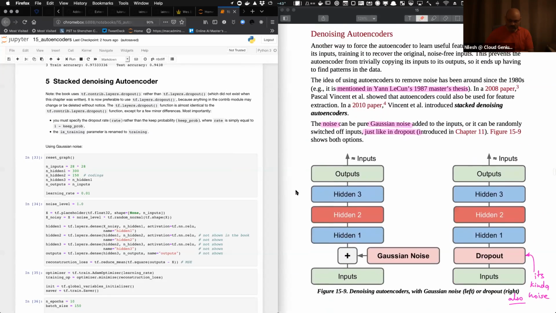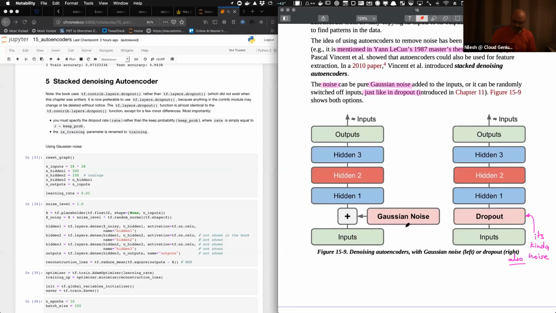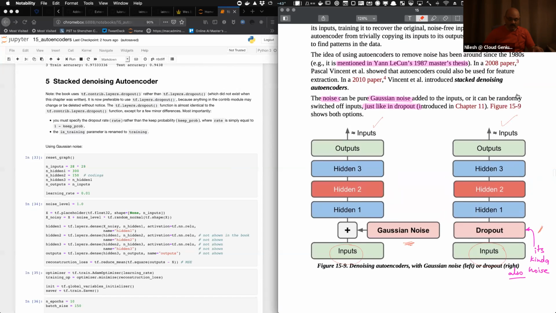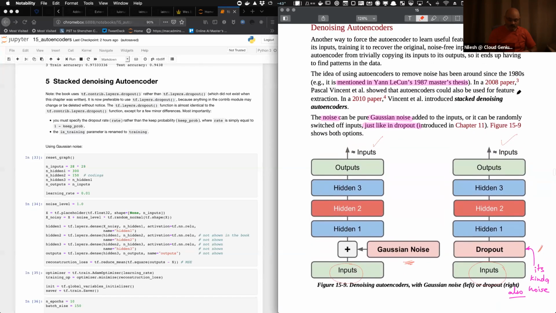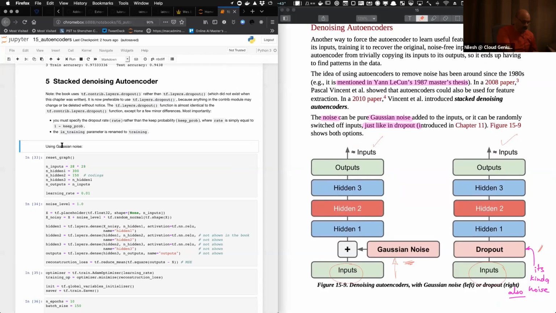In here, we are talking about two different ways: the Gaussian noise inserted, and dropout deliberately inserted into the input, and we see how the outputs match the input. And so the first example in our notebook on the left side is going to focus on inserting Gaussian noise, which is this example here on the left.